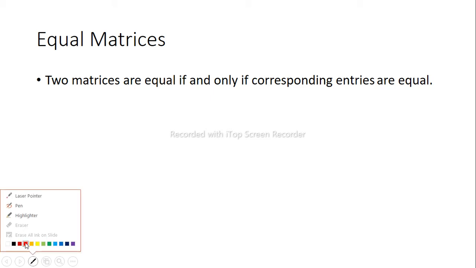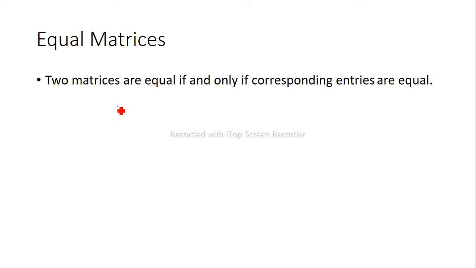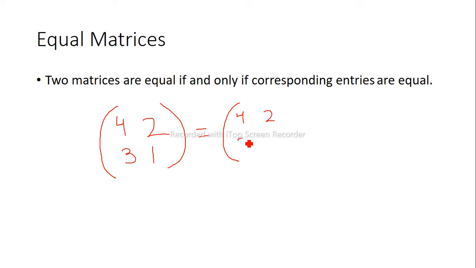So we say that if we have this matrix, this is 4, this is 2, this is 3, and this is a 1, what would this be equal to? Like, what matrix C would be equal to this? Well, if we have 4, 2, 3, and 1, can we say that they are equal?